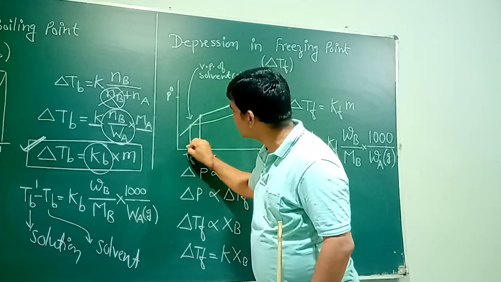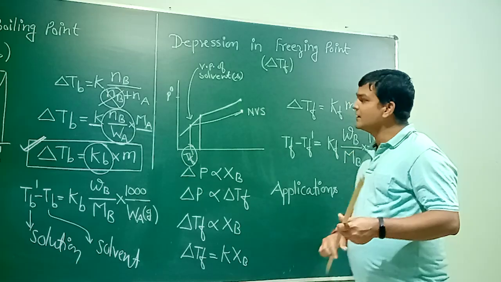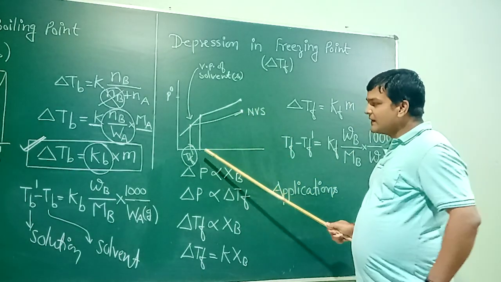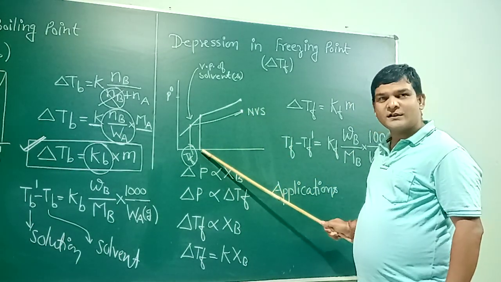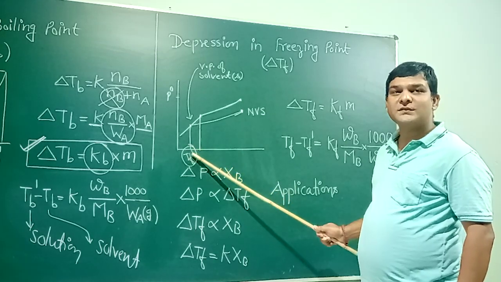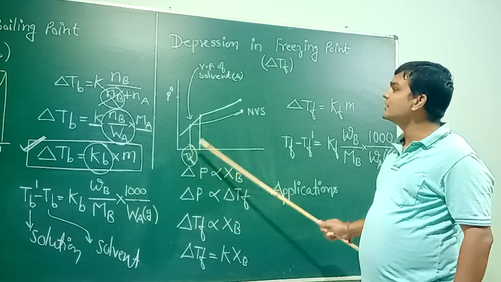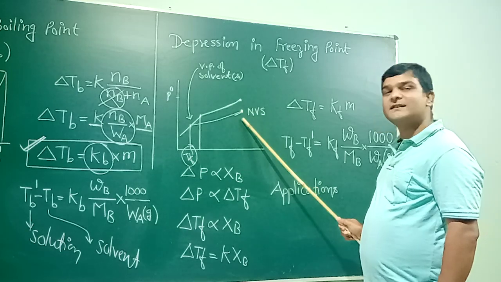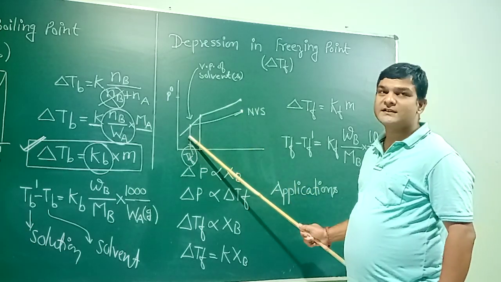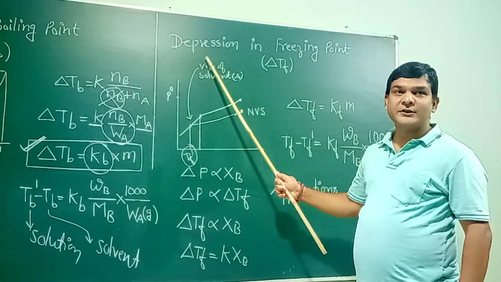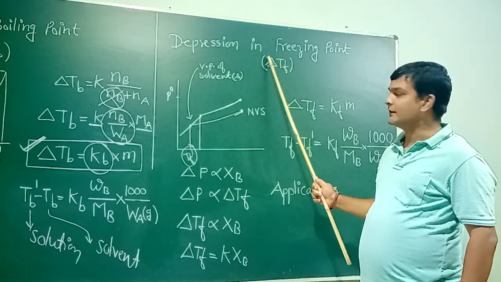I mark this temperature as Tf dash. So look here, this was the freezing point of pure water, and this is the freezing point of solution having non-volatile solute. Because vapor pressure decreases here, the freezing point also decreases. This is known as depression in freezing point.